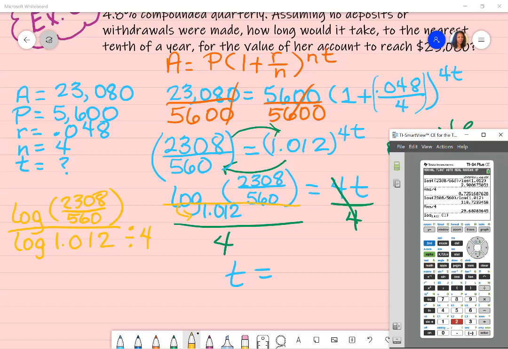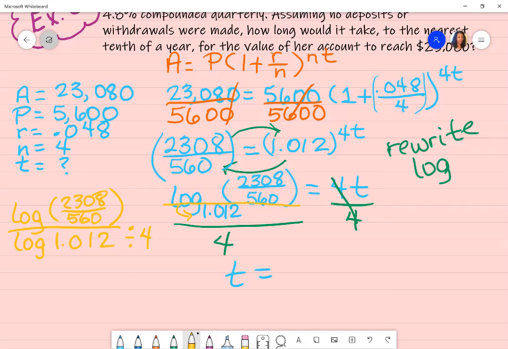Move your arrow, and then you're going to put in that entire fraction, which is 2308 divided by 560. Over to the side, you want to arrow over. Now this time you can go ahead and hit division and then choose the 4. You can do it all in one step. You could have done it a few minutes ago as well, and you still get the same answer, which is 29.7 years.